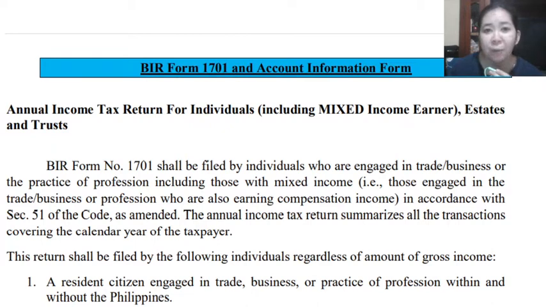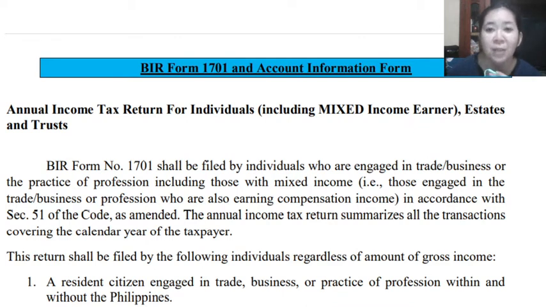Your BIR Form 1701 is also known as the annual income tax return for individuals. This now includes the individuals who earn mixed income, meaning the individual's income comes from his salary and or his business, and other sources of income. Along with that individual are the estates and trusts.